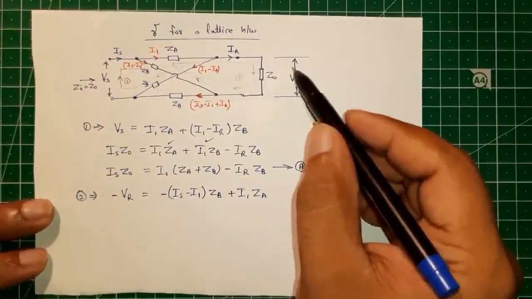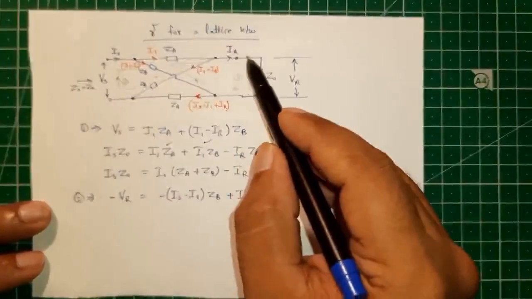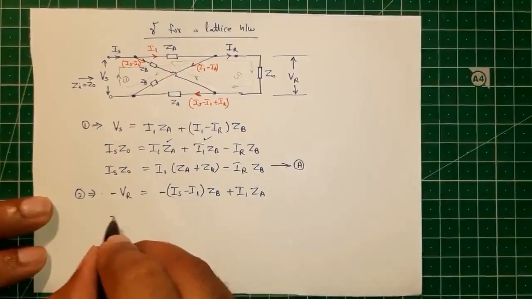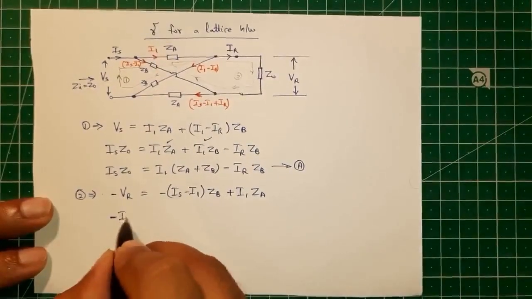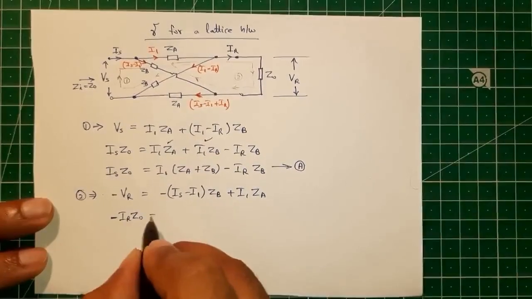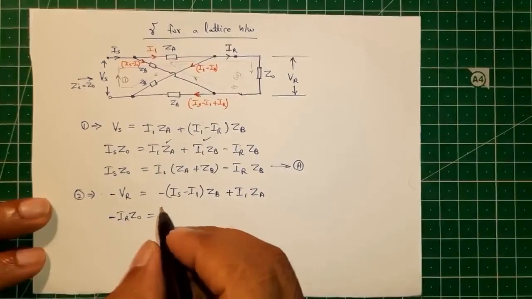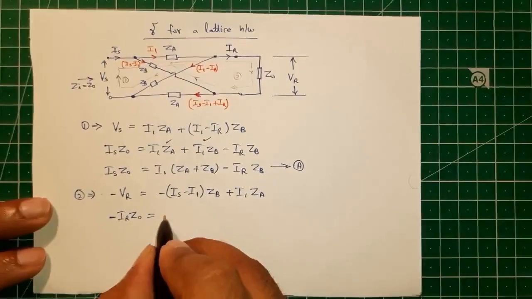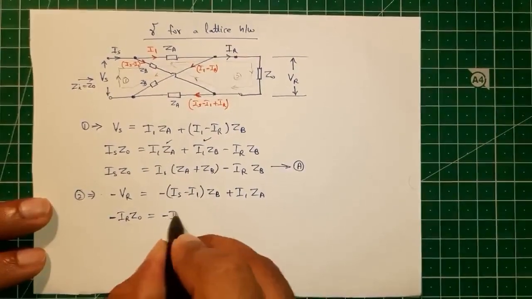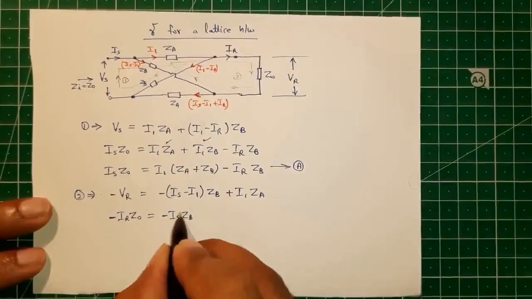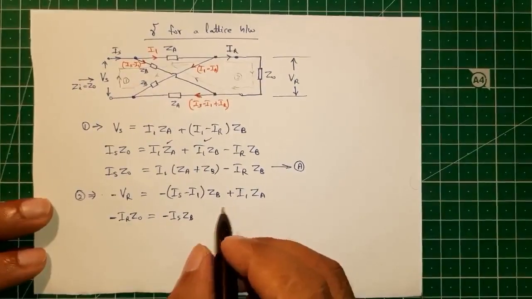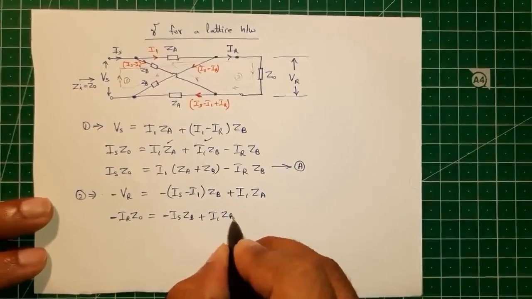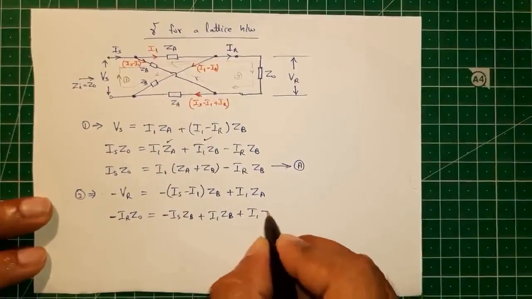So what is the receiving end voltage VR? That is the receiving end current, the product of the receiving end current IR into Z0. So we have IR Z0 is equal to minus Is Zb plus I1 Zb plus I1 Za.